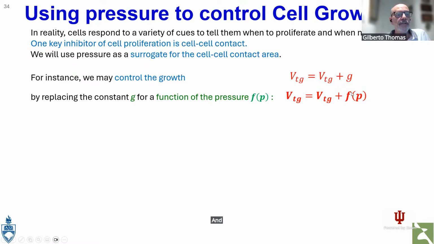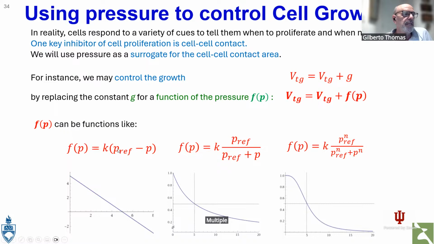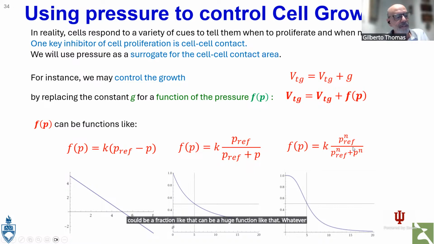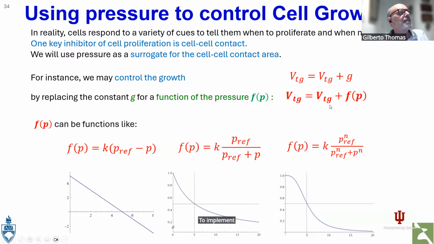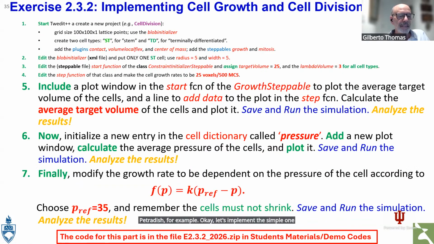And this function can have multiple forms. It could be linear, could be a fraction like that, can be a real function like that, whatever. You can choose whatever you need from your biological model to implement here and control the growth due to lack of space in your Petri dish, for example. Okay, let's implement the simple one, the first one, this linear one here.